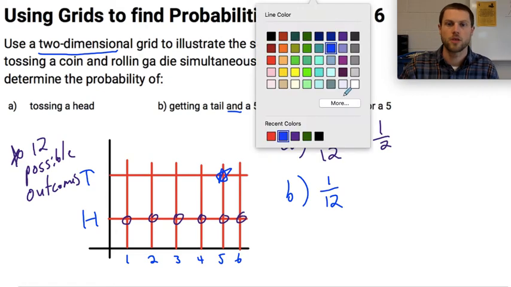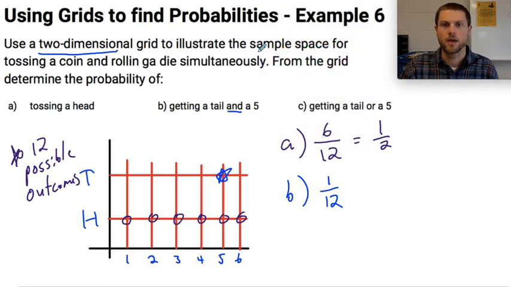All right, and then for the last one here, let's go green. And I want to find the probability of getting a tail or a 5. Or is pretty important here, because the or means that as long as any or both of these outcomes occur, then this is considered success. So anytime I get a tail, that is a success.